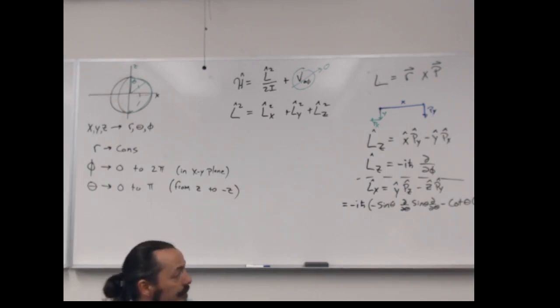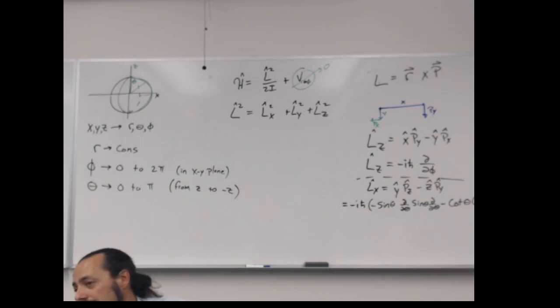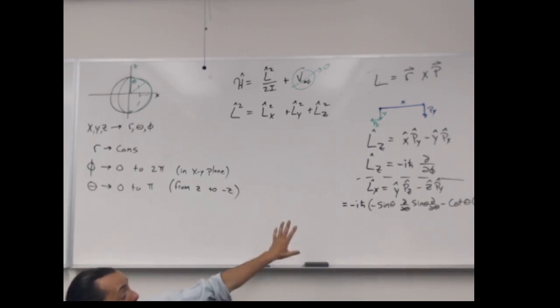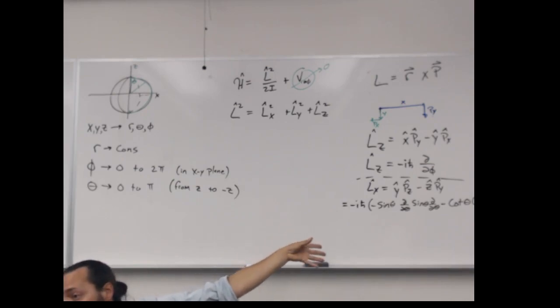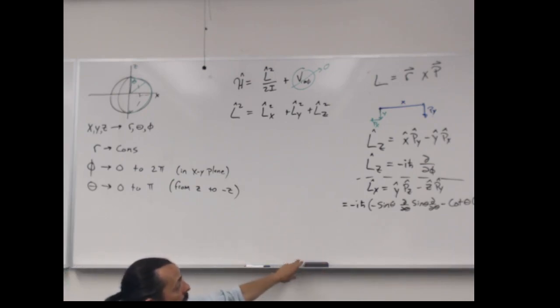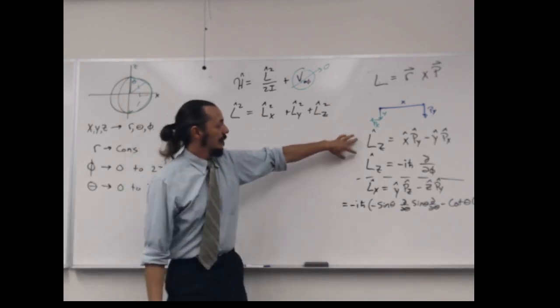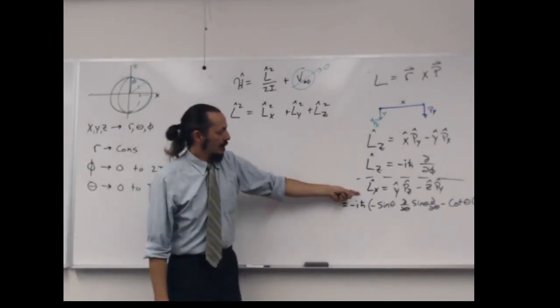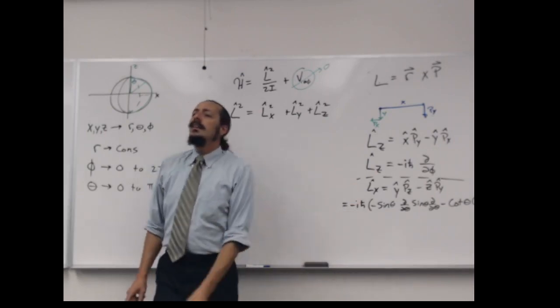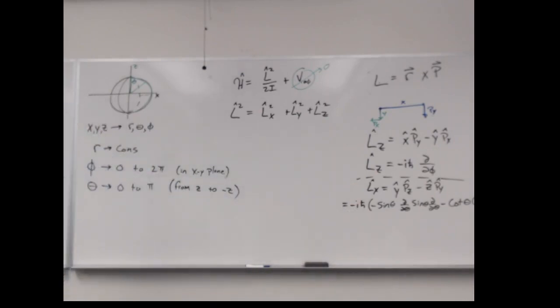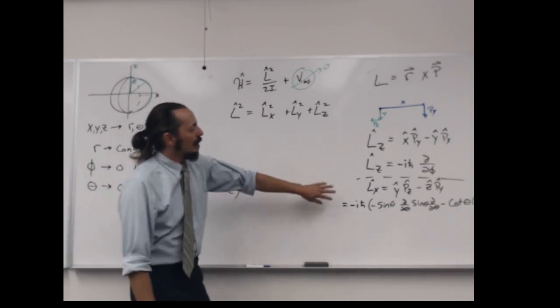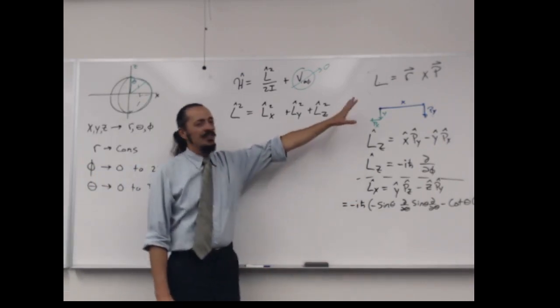Question? What determines which one is negative and which one's positive? For which part? For the Cartesian? In LX, we have the x and y components for LZ. Why is y negative in this case? Just because it's going down. And then for LX, why would the z component be negative? Well, when we have the y negative, it's just a matter of where we start.